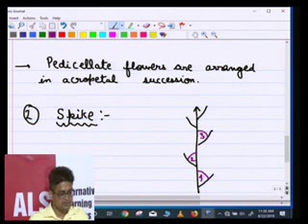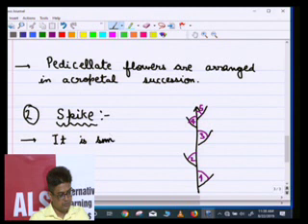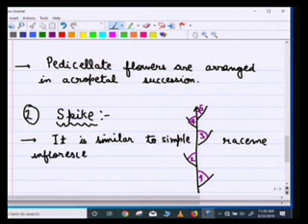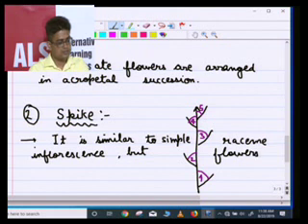Sessile flowers. So you can say it is similar to simple raceme inflorescence, but flowers are sessile.